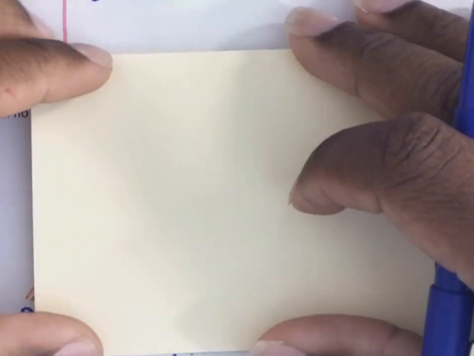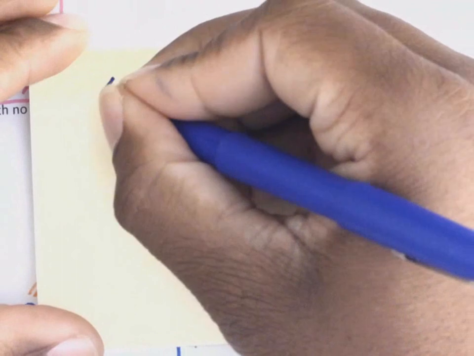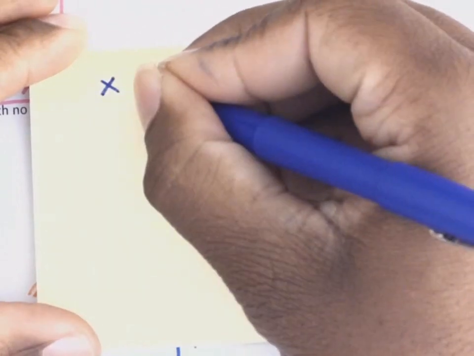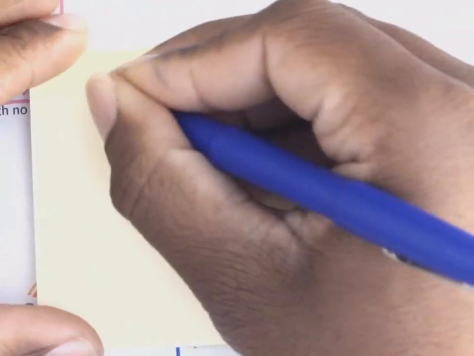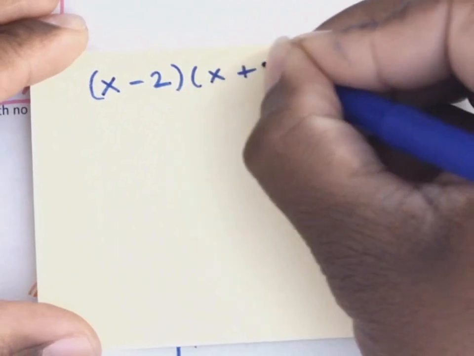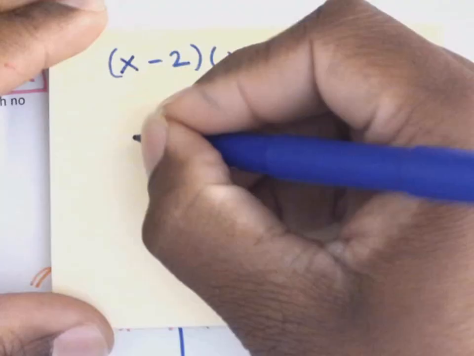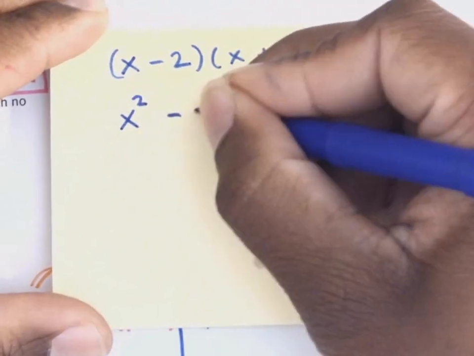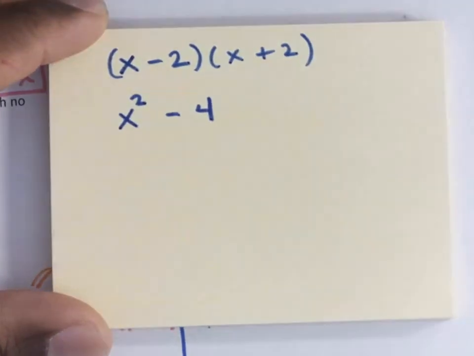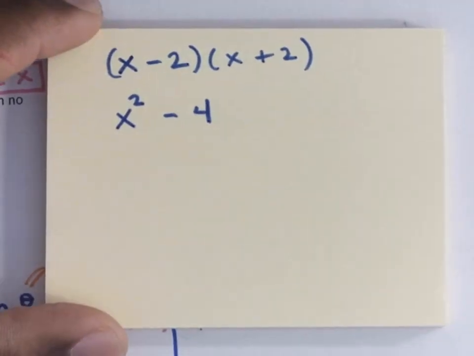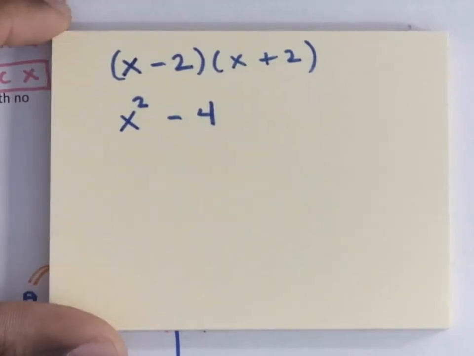So think about if I started off with x minus 2, x plus 2. I tell you this is x squared minus 4. I didn't write any middle terms. Why didn't I write any middle terms?